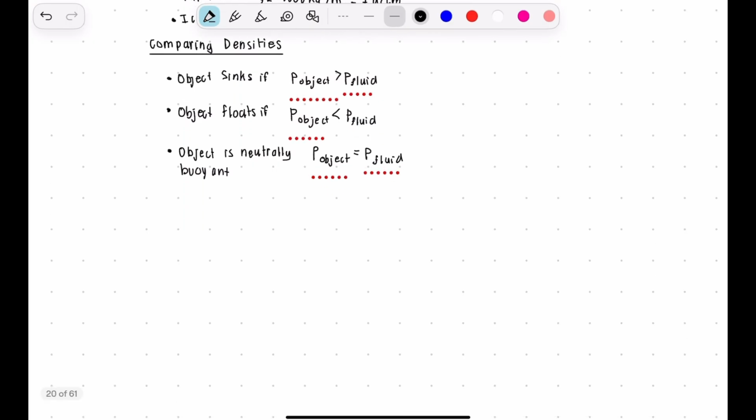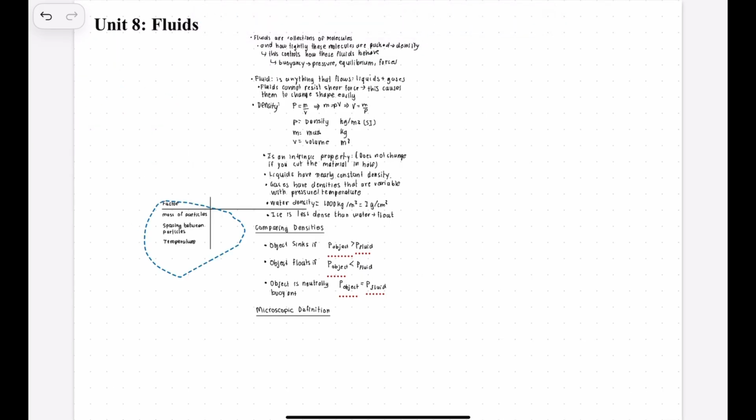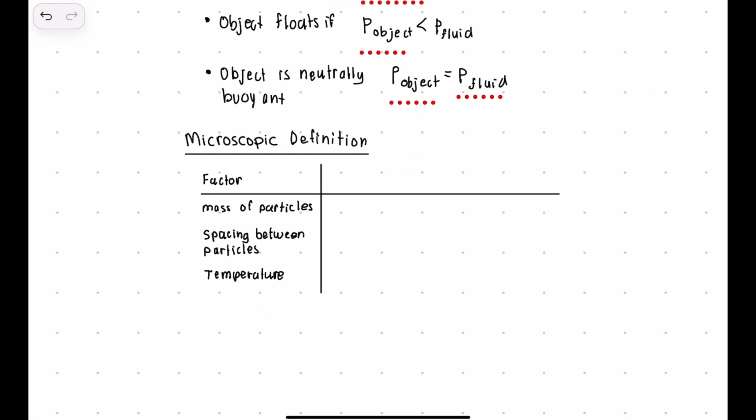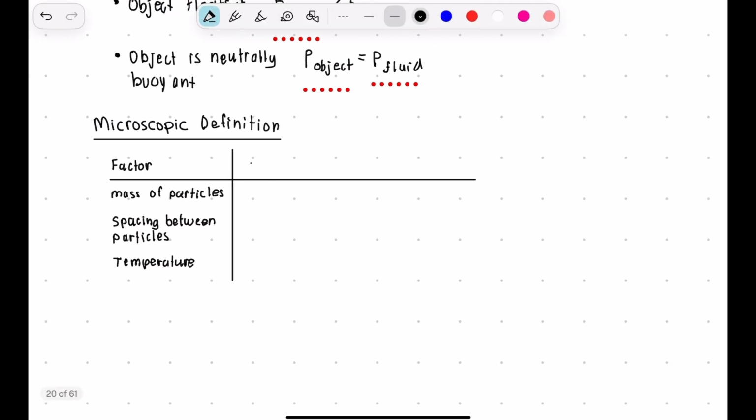Now, let's explain the microscopic definition of density. One thing you should know is that mass of particles affects density.